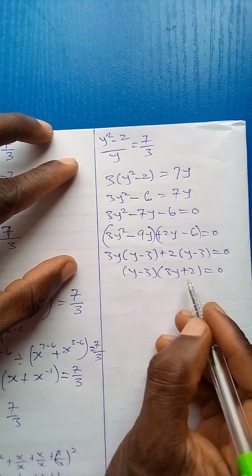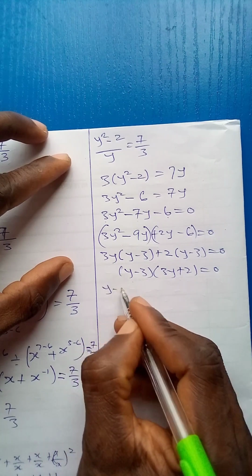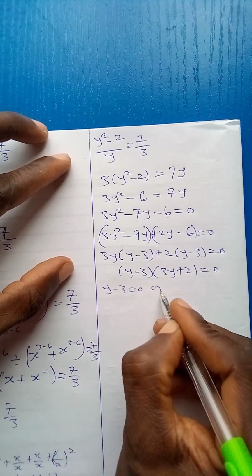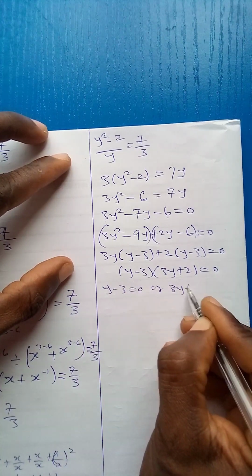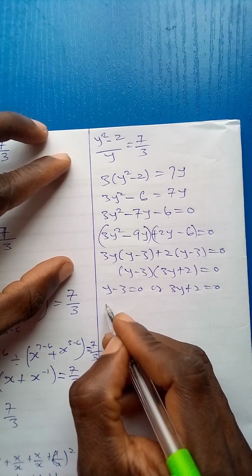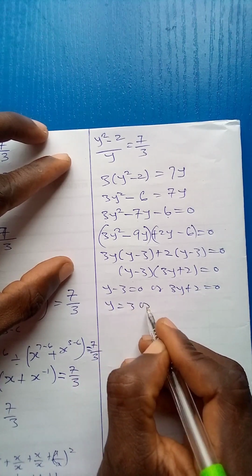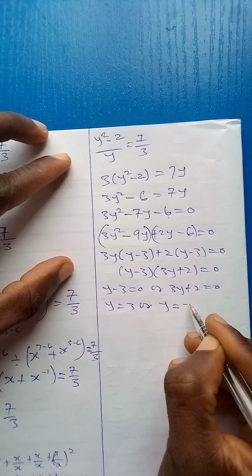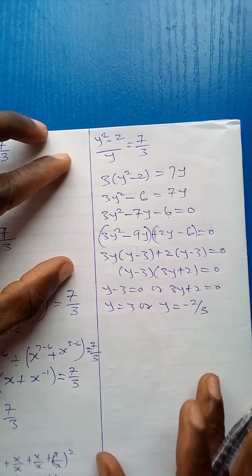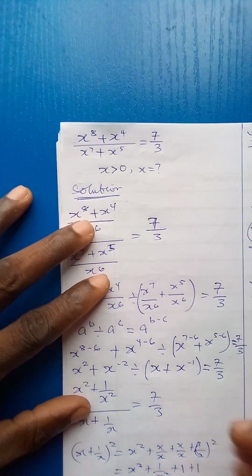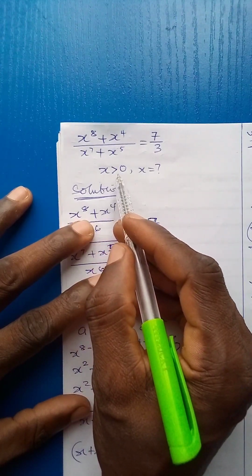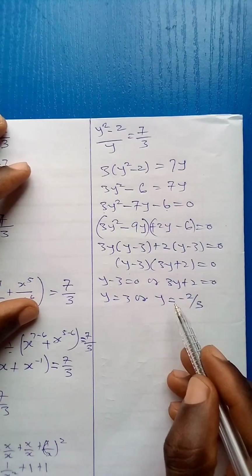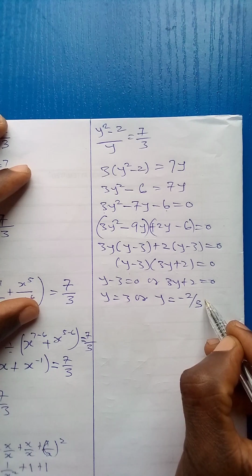So, equating each bracket to 0, I have y minus 3 is equal to 0, or 3y plus 2 is equal to 0. What I have is y is equal to 3, or y is equal to minus 2 over 3. Let us recall that the condition is that x is greater than 0. Since x is greater than 0, that means this will be rejected.